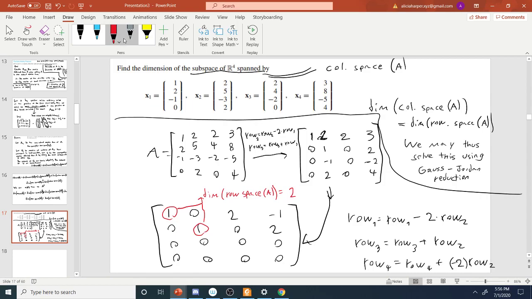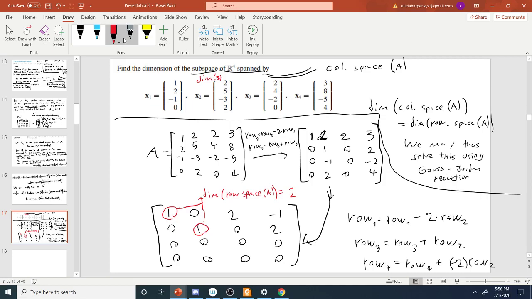Which means we can go back over here and we can note that the dimension of the column space of A has to be equal to the dimension of the row space. And this subspace of R4 is precisely the column space, so we conclude that this subspace has dimension 2.